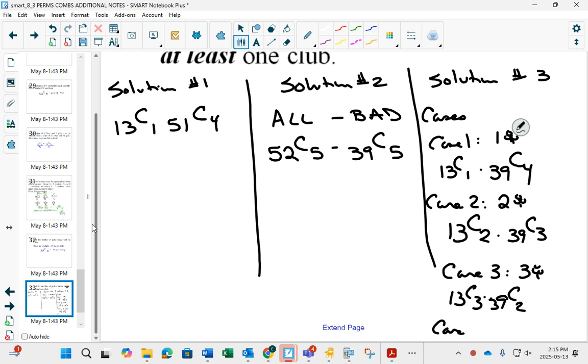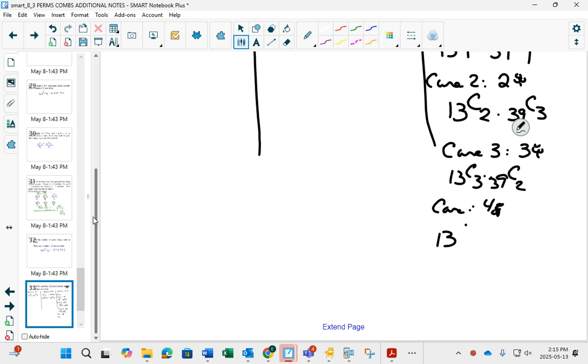And case 4 would have 4 clubs. Wow, that's the ugliest club I've ever made. That would be 13 clubs, choose 4 of them, and the 39 other cards, choose 1. And finally, case 5, choose all 5 clubs. So I go 13 cards and choose all 5 from there. And if I add those cases up, I would have every possibility of having at least one club.